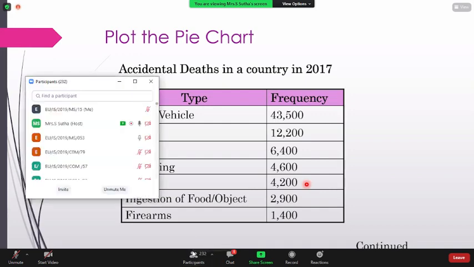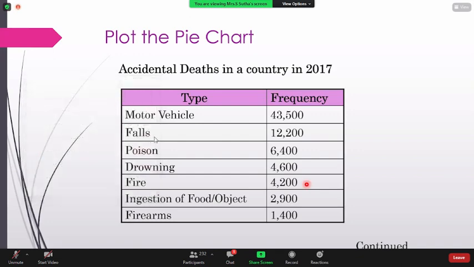You have to get the total number of frequencies by adding all those frequencies, and then divide the motor vehicle frequency by the total.